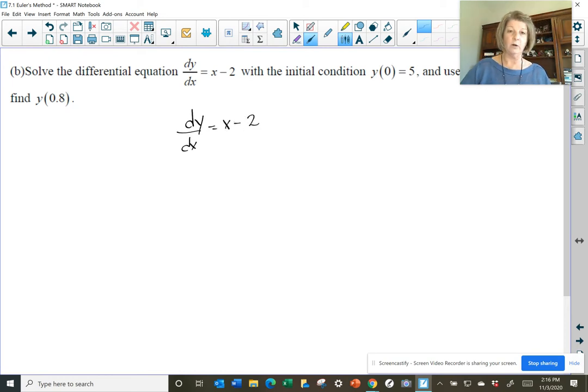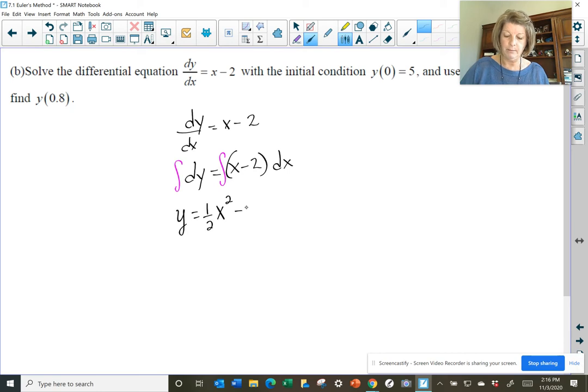We did this earlier in chapter 7. So I'm going to just multiply up by dx because it was already separated. There are no y's in this particular problem. Then we're going to integrate each side, and as I integrate, I'm going to get y equals x squared divided by 2, so 1/2 x squared minus 2x plus some constant.